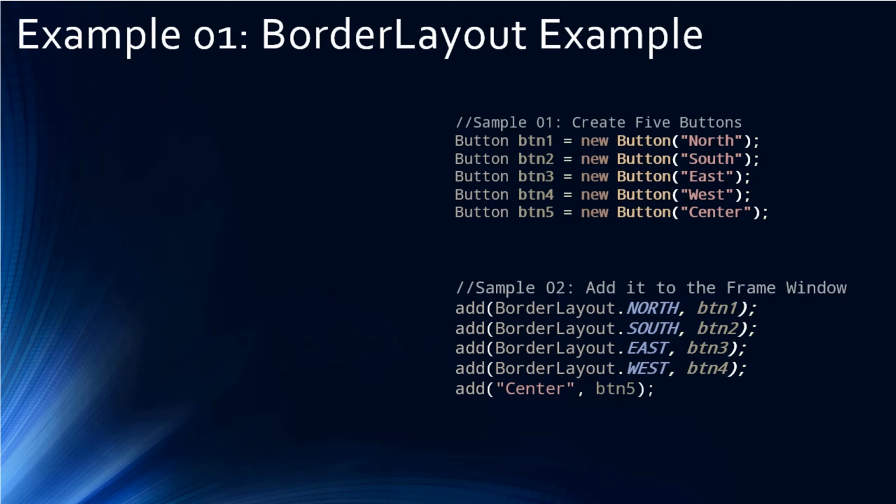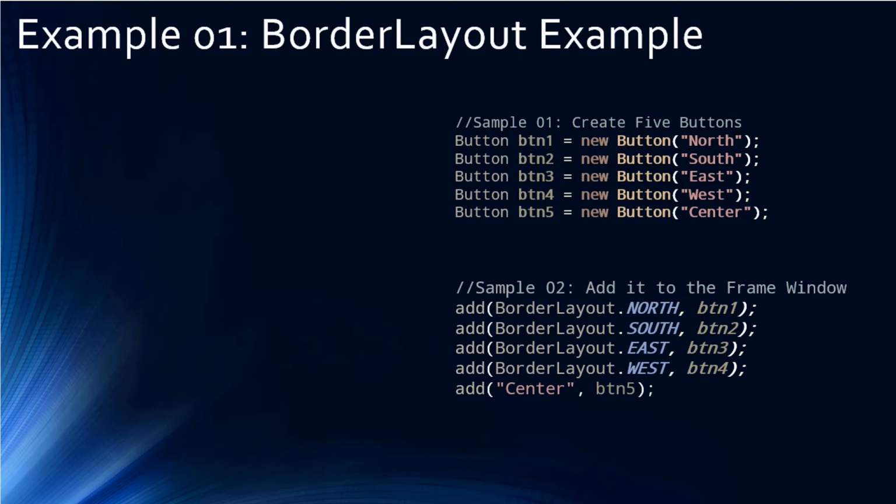After that we pass the parameter, which is actually a component. Here the component is the button component. You can add any component like a checkbox, radio buttons, and there are other components also which we will see in the coming videos.